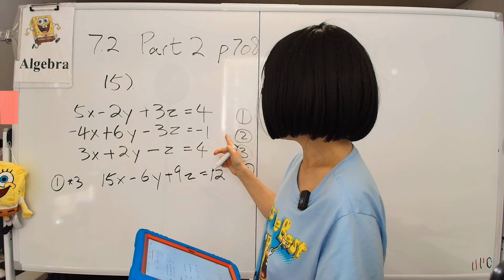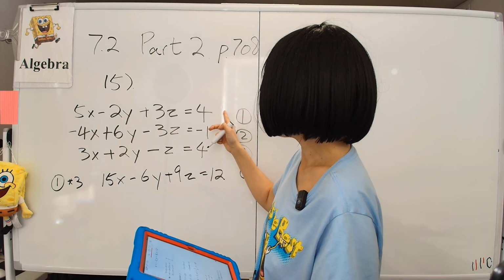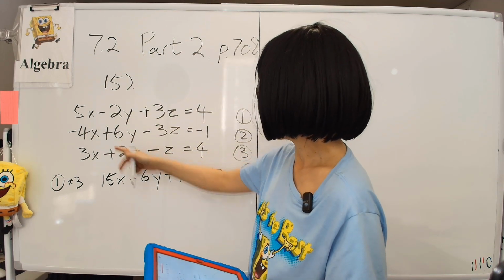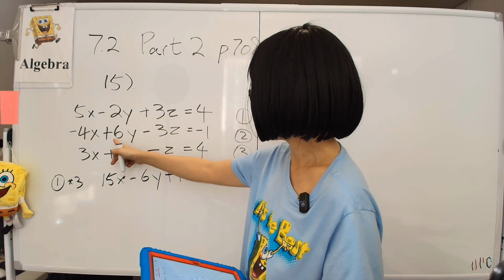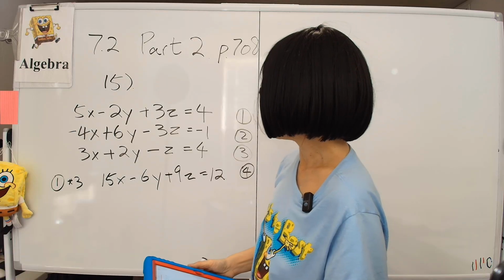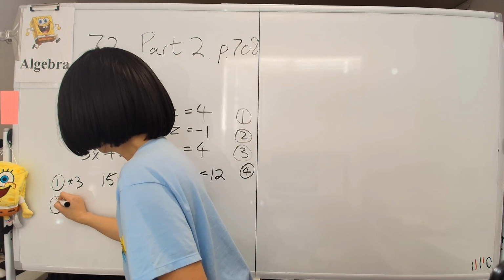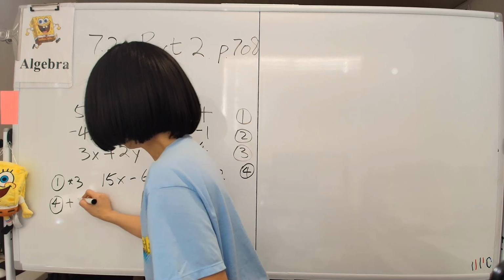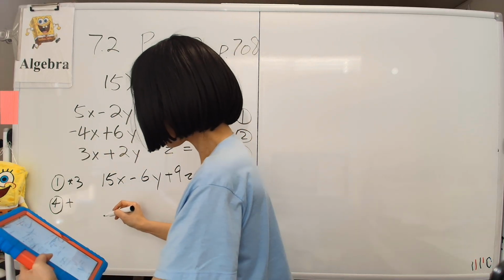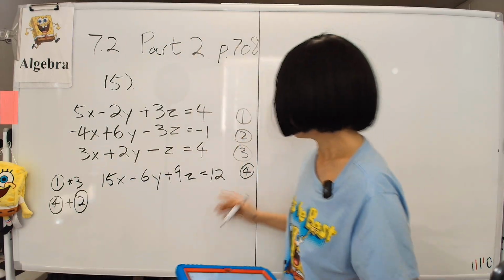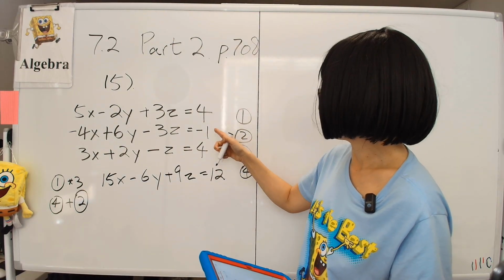So equation 1 multiplied by 3 and then added to equation 2. You can see why that will be good, because this is a negative 6 and a positive 6. So right now, we're going to do equation 4 plus equation 2.